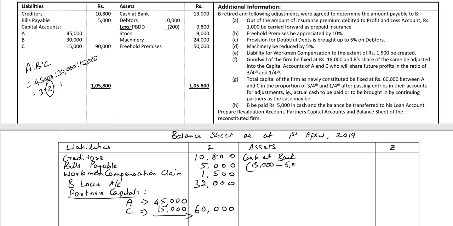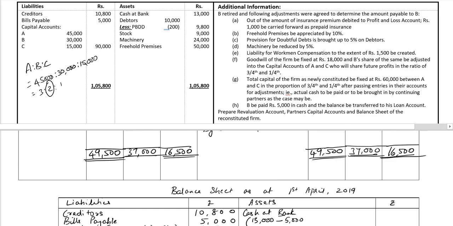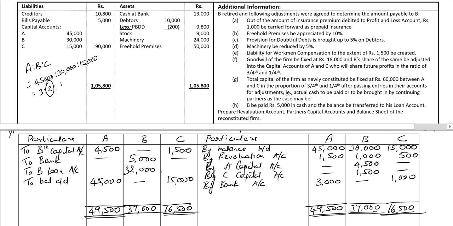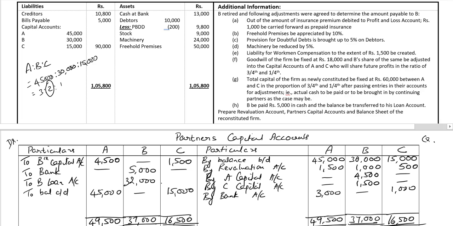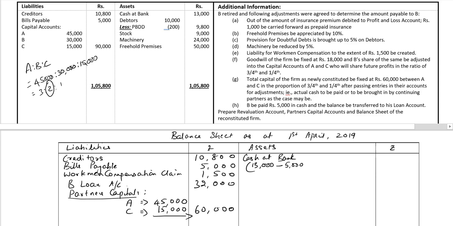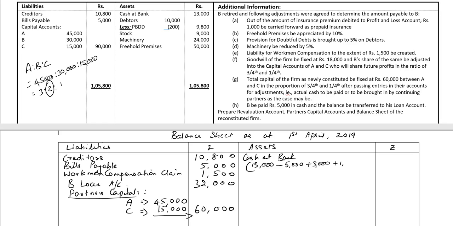So I'll deduct 5,000 rupees, and from the adjustment of capitals, A brings in 3,000 rupees and C brings in 1,000 rupees. So it's plus 3,000 rupees and plus 1,000 rupees. So the final amount is 12,000 rupees.